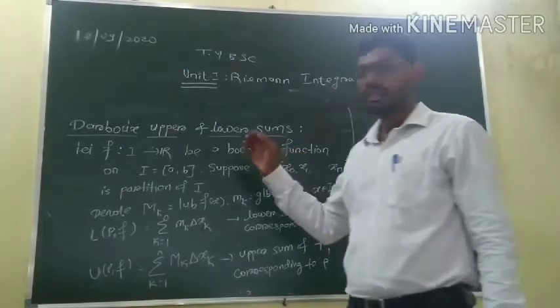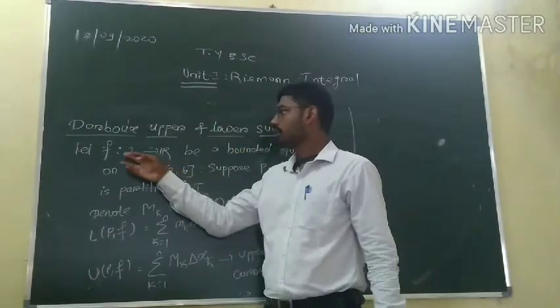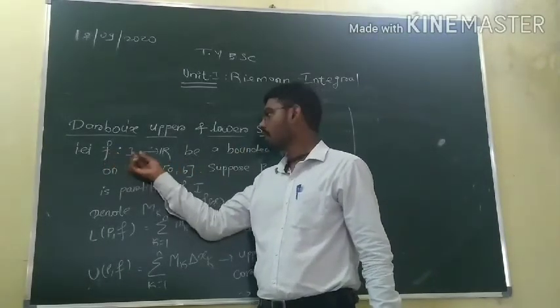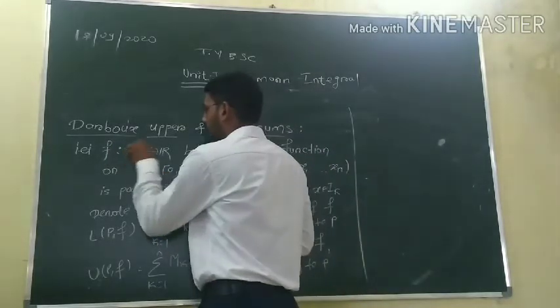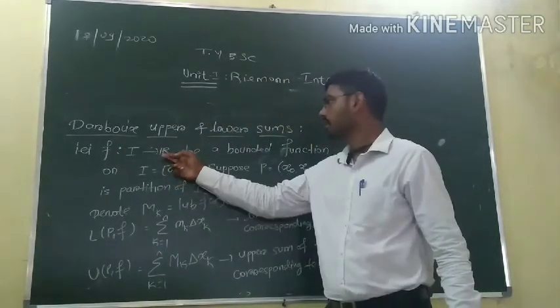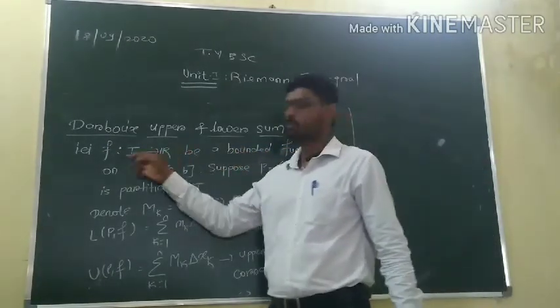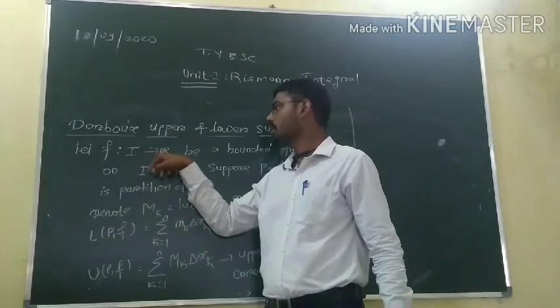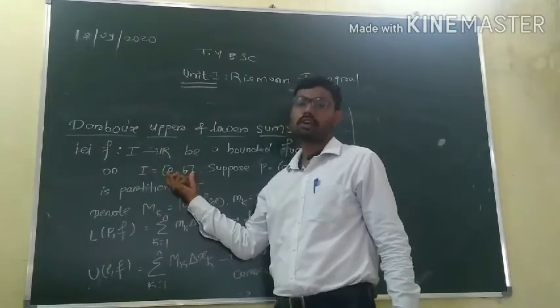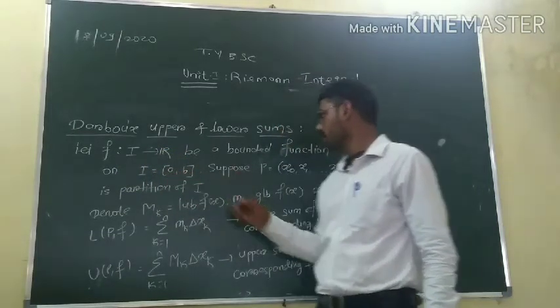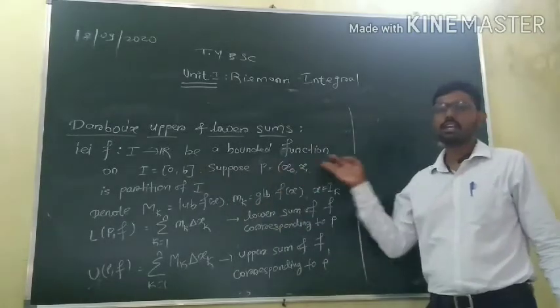Now we will see the definition first. We have a bounded function from an interval I to R, where I is a closed bounded interval from A to B. Suppose P is any partition.